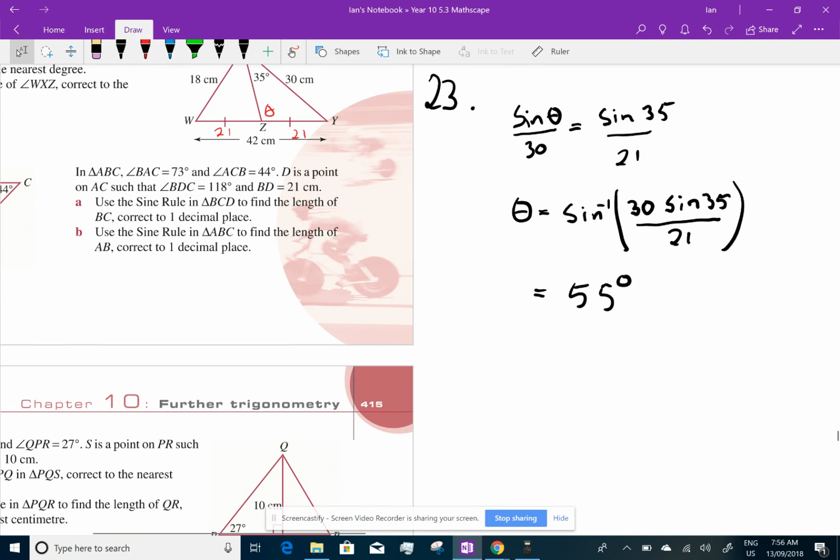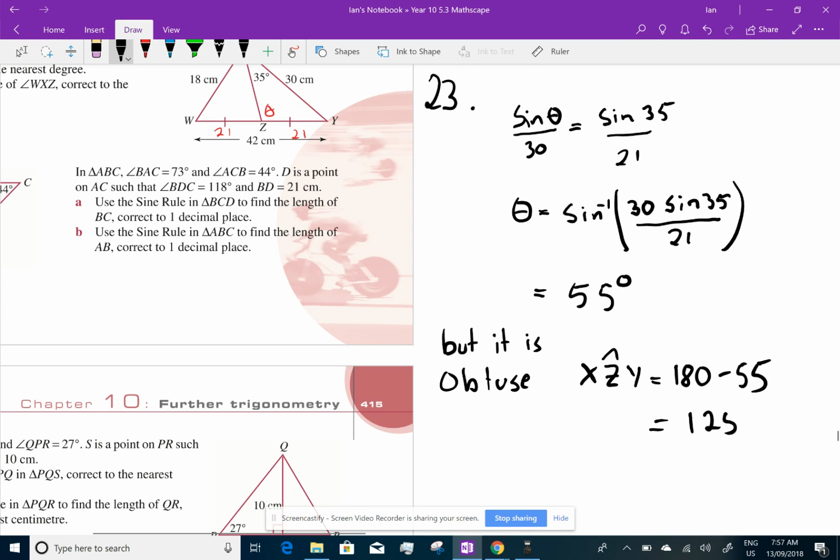It walks like a duck. So it's probably a duck. But it is obtuse. So X, Z, Y equals 180 minus 55, which is 125 degrees, which is the correct answer.